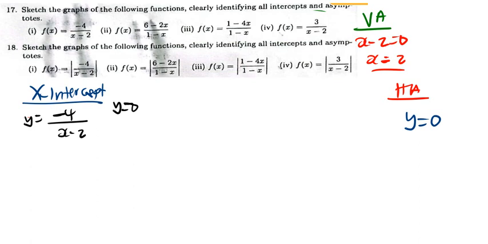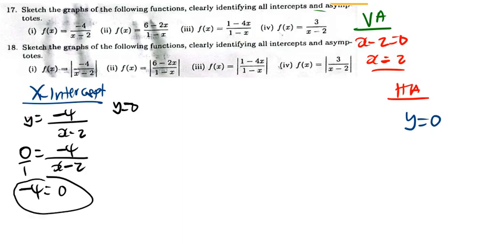So where there is y, I'm going to put 0. 0 equals negative 4 divided by x minus 2. I cross multiply. Negative 4 is equal to 0. This is not true. Negative 4 can never be equal to 0. When you reach this point, you can't see x here in the final part, so you just say there is no x-intercept here.